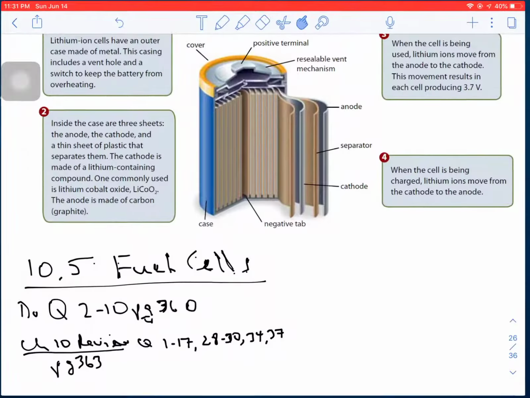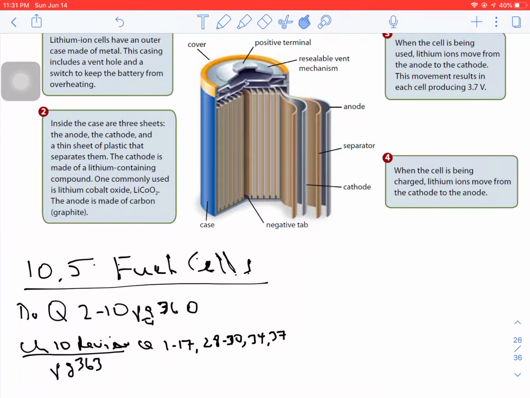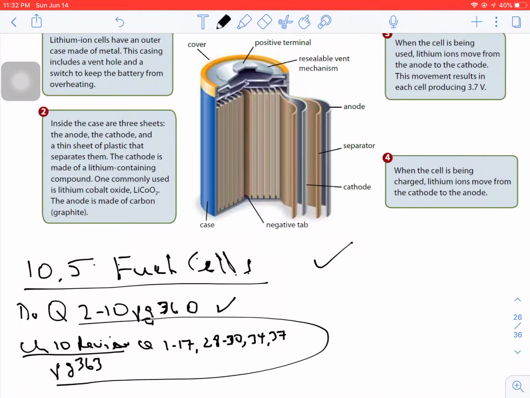Okay, so just to wrap up, we finished chapter 10 today. I'm going to leave you with some questions on page 360, which are about today's note, and the chapter 10 review, which is right here. Not all the questions: 1 to 17, 28 to 30, 34, and 37. Today is Tuesday, and tomorrow, Wednesday, we will have the review. Thursday I'm going to have a review class like I did on Friday for the Chapter 9 review.